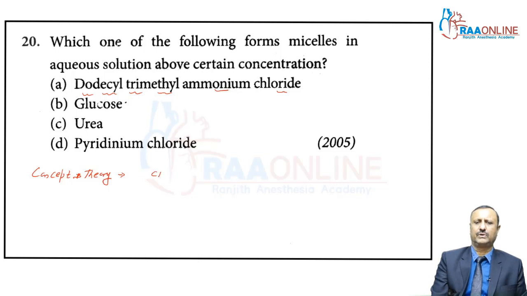So you can see here, this alkyl group has 12 carbon atoms, so it is called a dodecyl radical, dodecyl alkyl group.